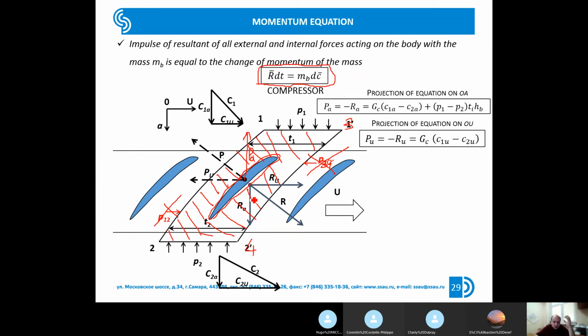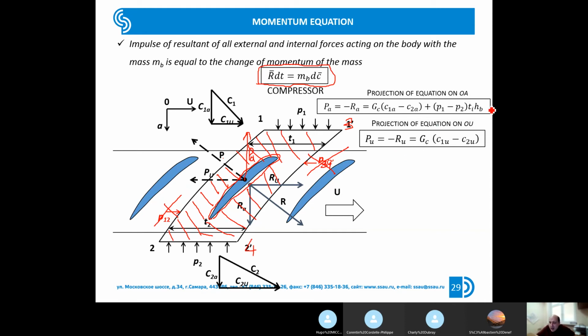But based on Newton's third law, we can say that force PA, which acts on the blades from the flow, is equal to the force RA with the minus sign. And the same we can write for the projection on the circumferential direction U. On the slide it's the horizontal direction.